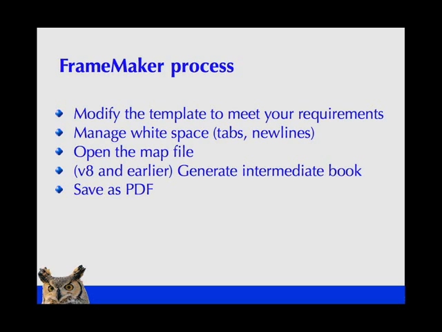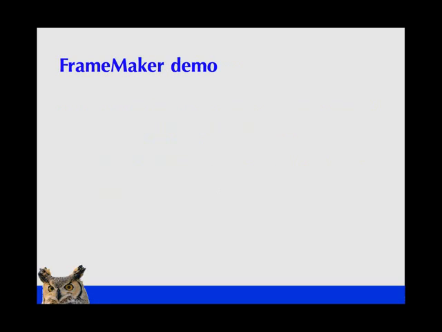In FrameMaker 9, the FrameMaker books are hierarchical, and this supports the hierarchy that you see in a DITA map with nested topics. So if you generate the intermediate book in FrameMaker 8 and before, your topics do get flattened. And then once you have the file set in FrameMaker, you then save as your PDF.